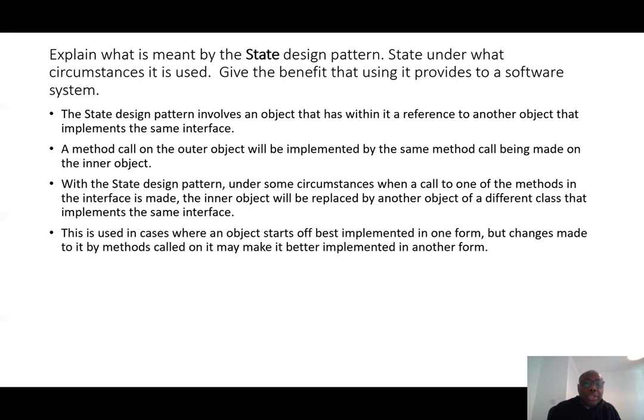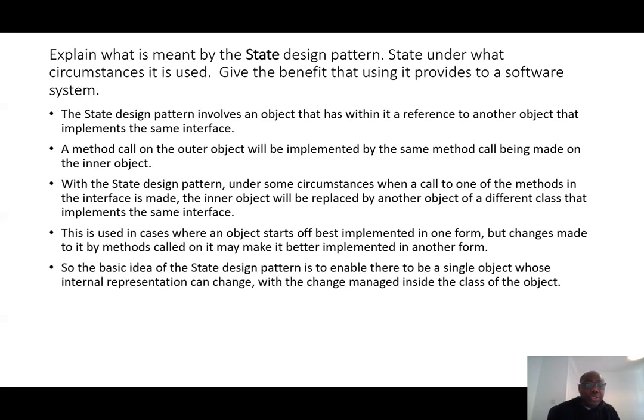This is used in cases where an object starts off best implemented in one form, but changes made to it by methods called on it may make it better implemented in another form. So it will change its state.